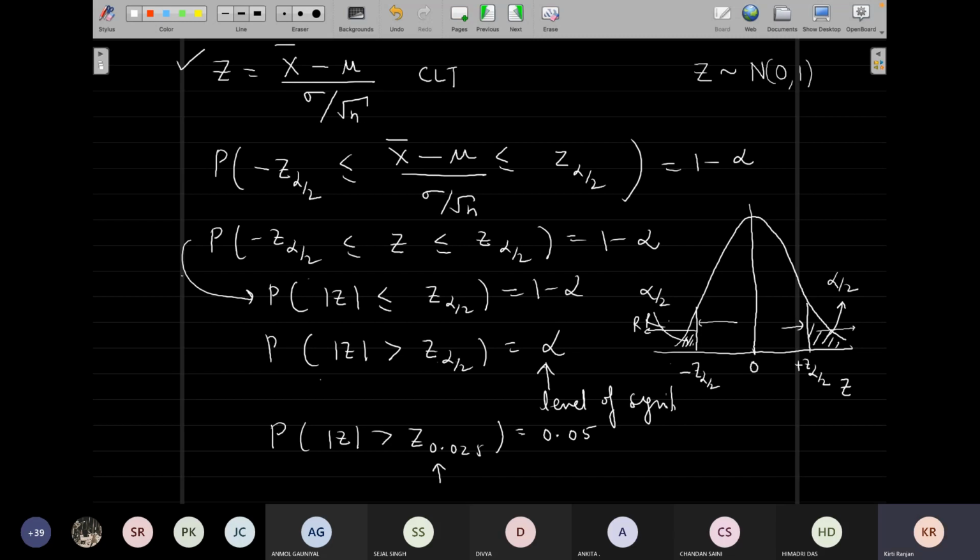Now, can somebody tell me why I am using Z alpha by 2 instead of Z alpha to give the probability alpha? Those who were present in yesterday's class.